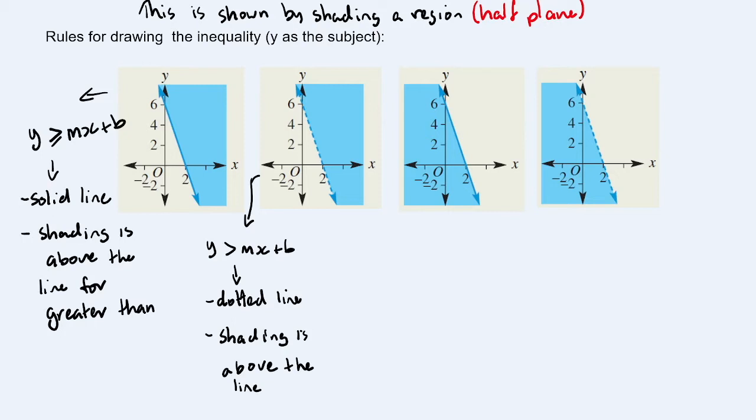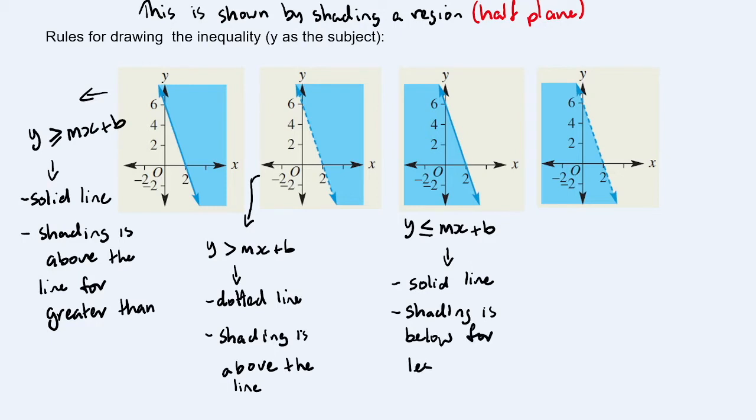The next one along, I'm sure you can probably guess, is y is less than or equal to mx plus b. You should have been able to guess the equal to part because it is a solid line. And the shading is underneath now. The shading is below for the less than. So shading above for greater than, shading below for less than.